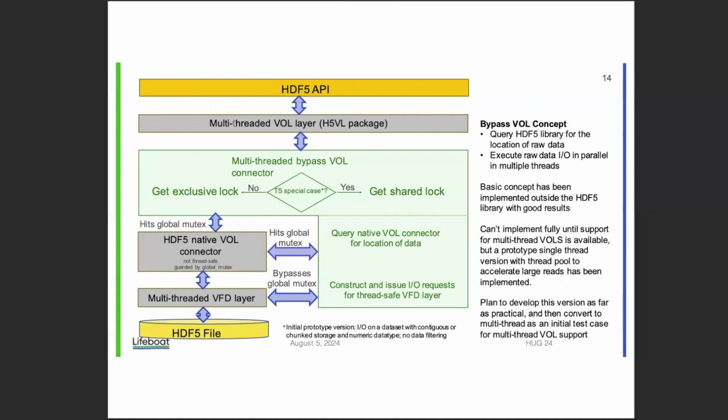If we can, great, go off, query the native VOL for the necessary location of what we need to read. And if not, let everything else drain out, then run that particular request down to the native VOL. You'll notice in this diagram, we're doing I/O through what we hope will eventually be a multi-thread VFD layer. That's not available yet, so we're doing it all through pread and pwrite.